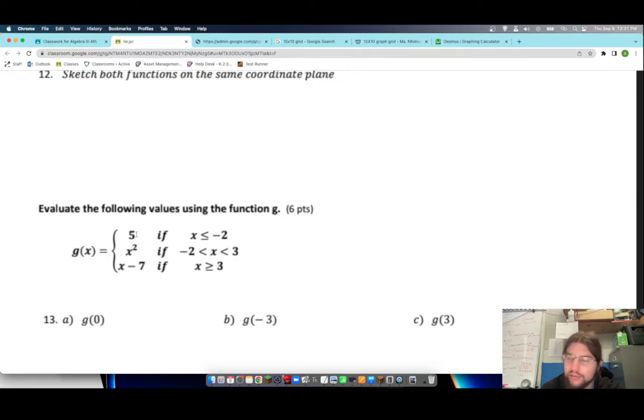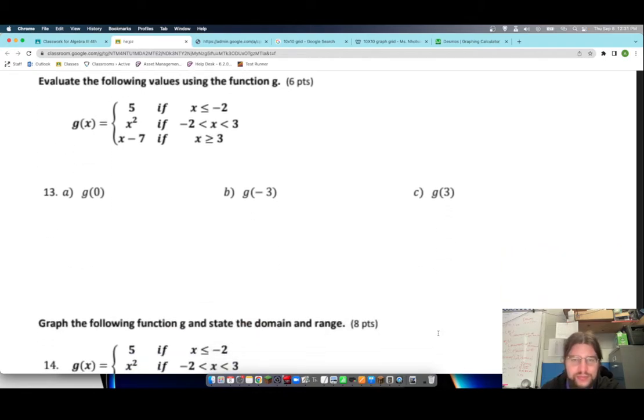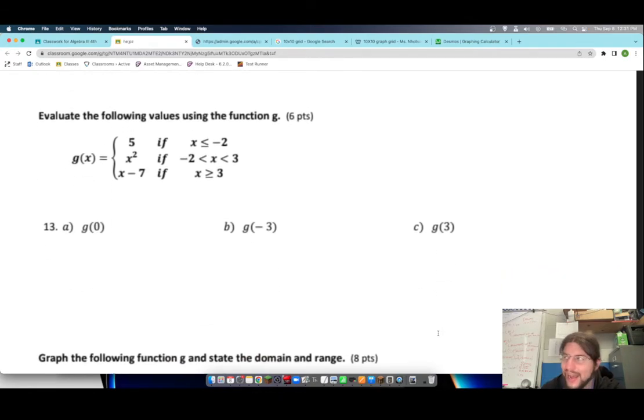So it's 5, because there's nothing to plug in. 3, is that less than or equal to -2? No. Is it between -2 and 3? No. Is it greater than or equal to 3? Yes. So it's 3 minus 7 is -4. Done. I'm not going to dignify that one with writing it down.